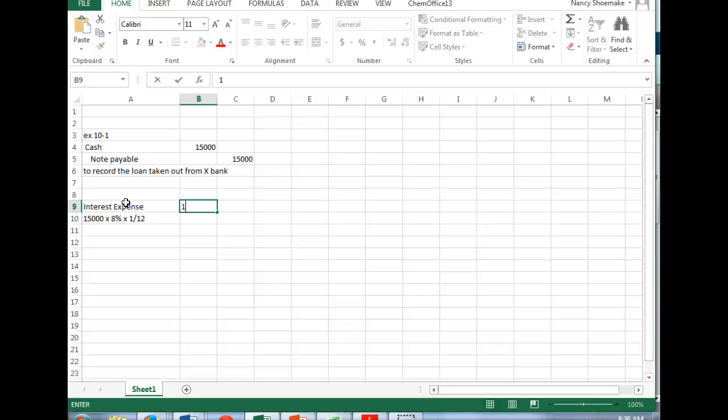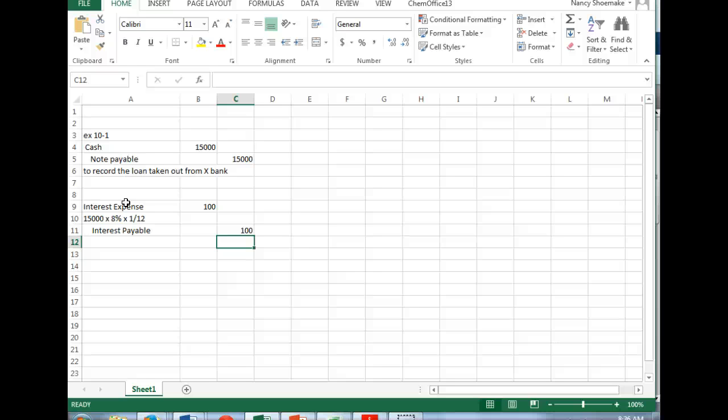$100. Is it $100? And then what will be our credit? Cash. Not yet. Add to the notes payable. Interest payable of $100. Right? How many of you guys got that one?